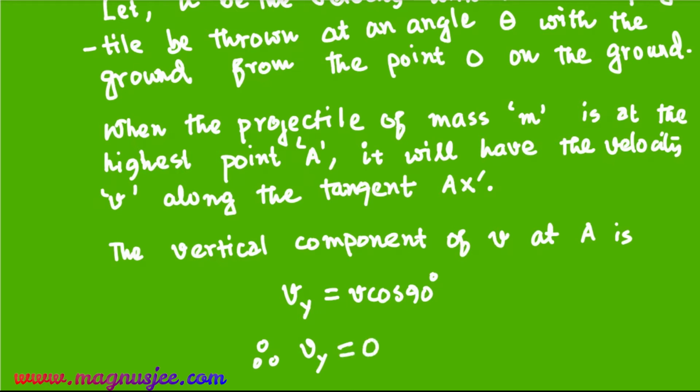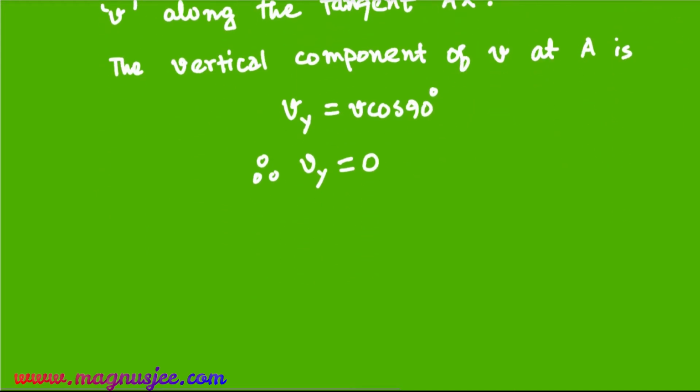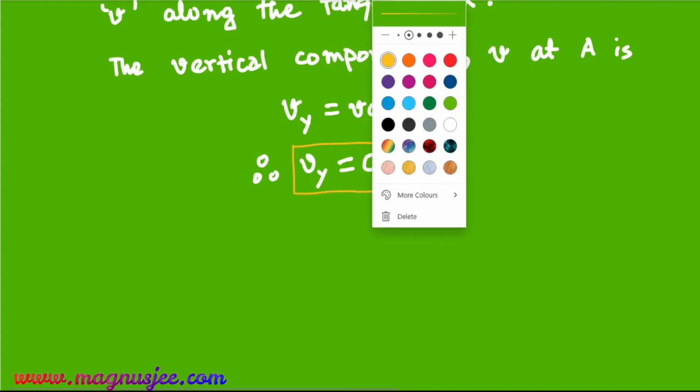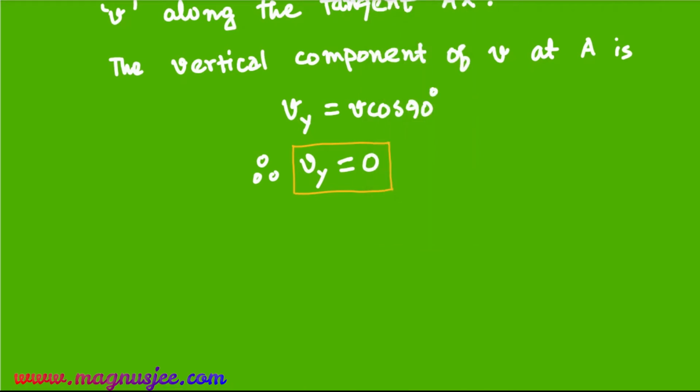So therefore Vy equal to 0 because cos 90 degree is 0. So the vertical component of final velocity of the projectile at the highest point A is zero.